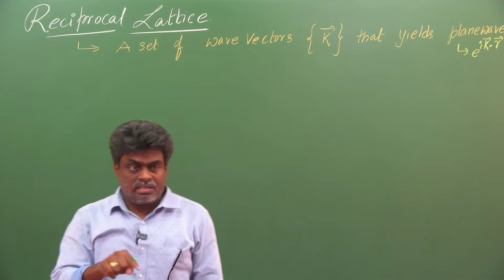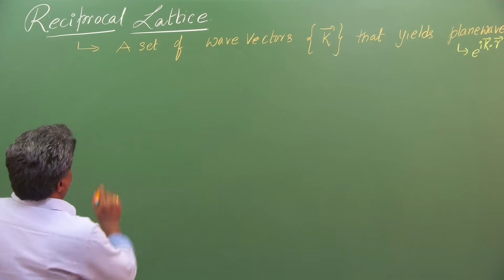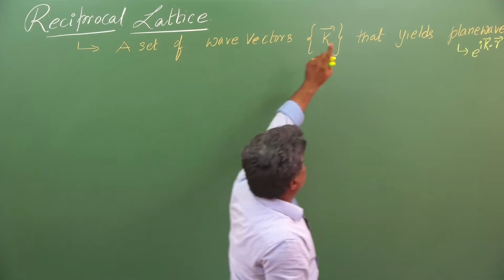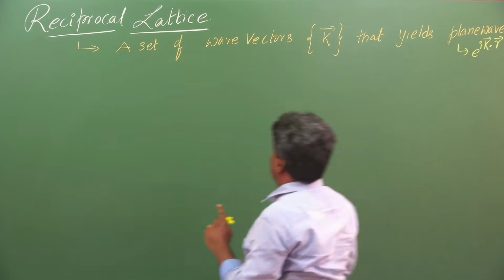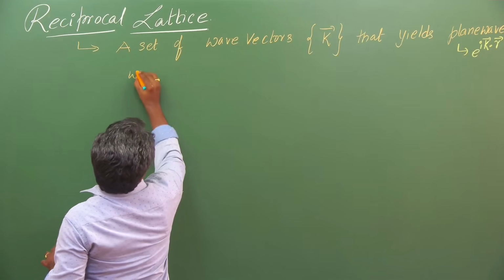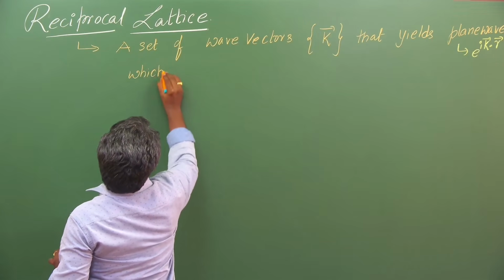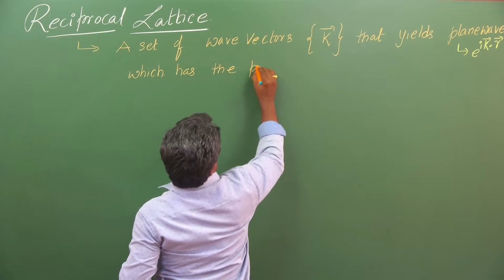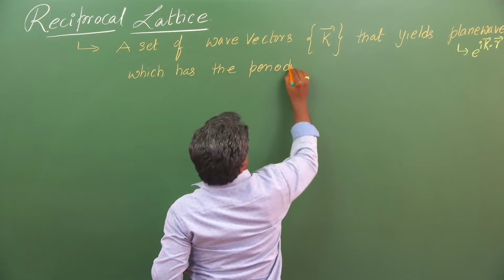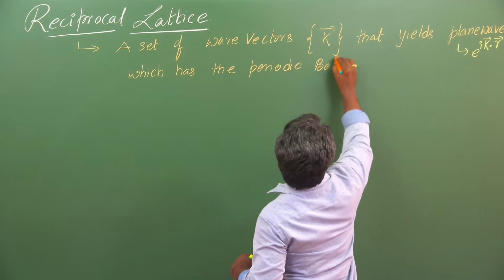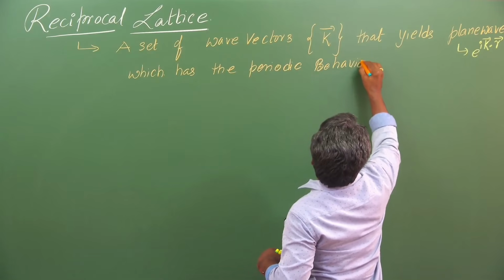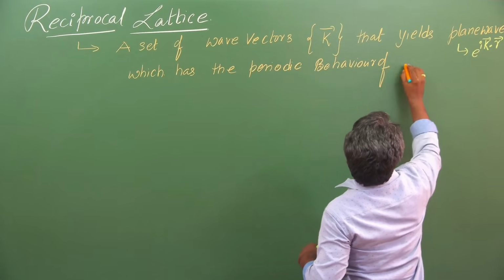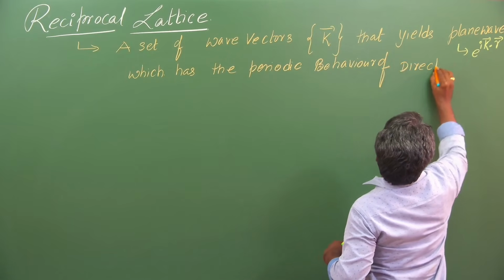Each vector has one plane wave. Once again, a set of wave vectors that yields a plane wave which has the periodic behavior of the direct lattice.